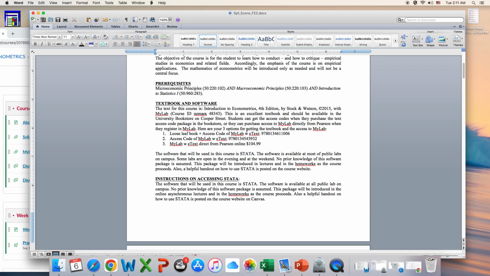When you register to MyLab, you will be able to access the e-text. The software that we are using is Stata. Again, if you have taken the foundation course with me, then you should have a good background in Stata by now. If you have taken it with Professor Chu, he uses the R software.